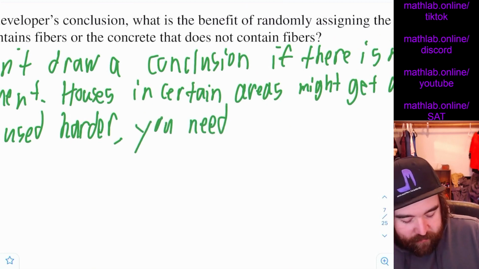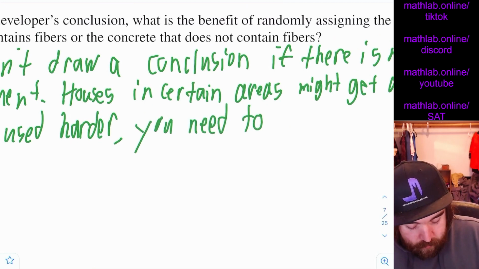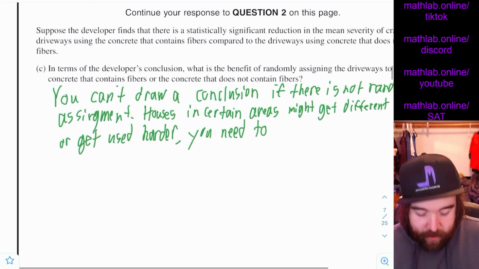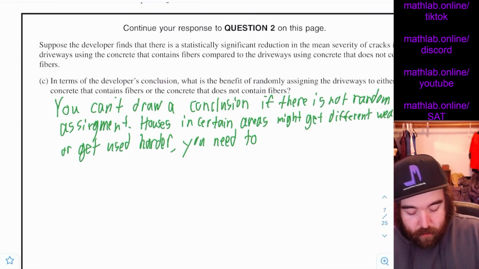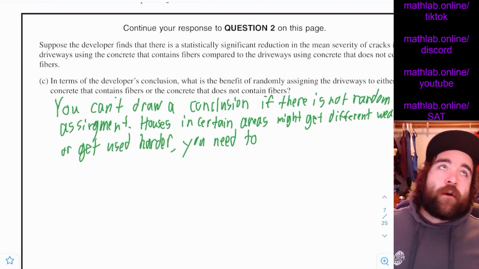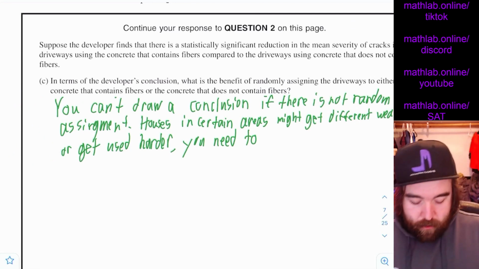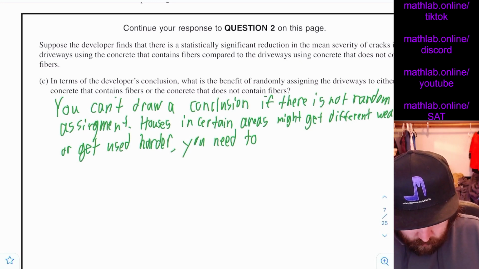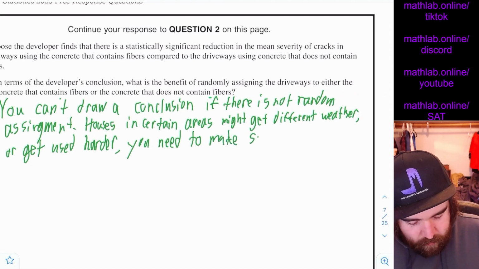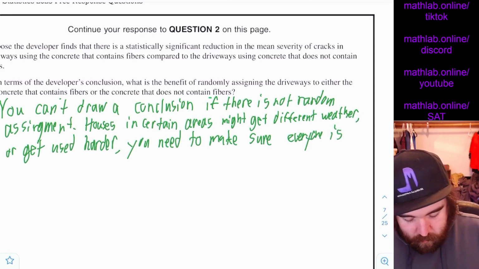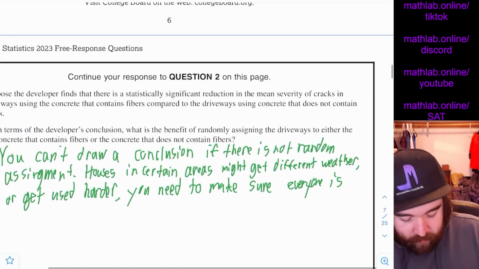You need to make sure everyone is represented. Well, do I need to say something specifically about higher? Or I'll say you need to make sure everyone is represented. Every driveway, I guess I should say.